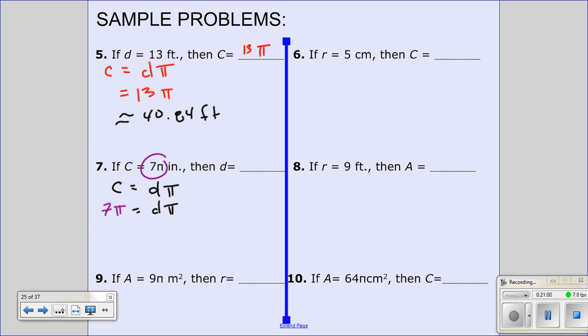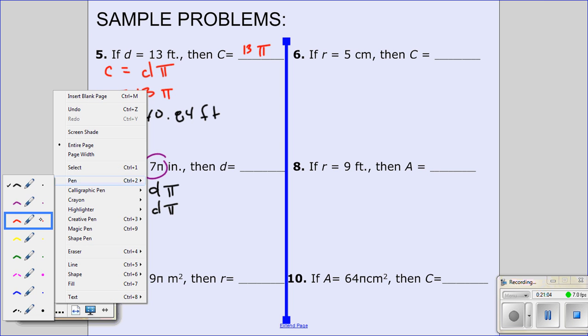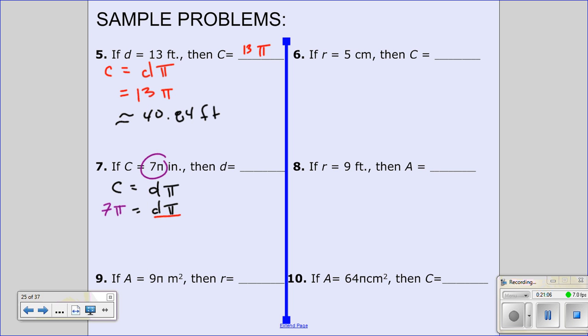So then if I want D to be left by itself, I would have to divide both sides by pi to cancel pi, which would tell me that 7 is equal to D. So D is 7 inches. Another good reason why it's best to leave your answer in its exact form.